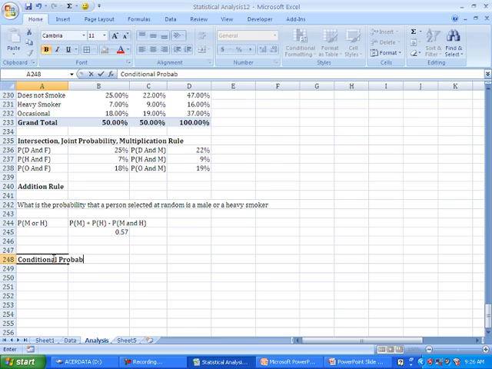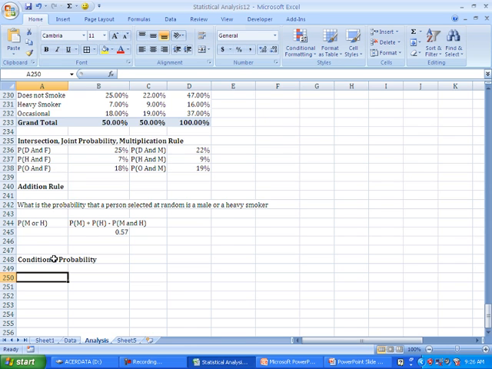Here the scenario is slightly simple. When we talk about two events, assuming that one of them has already occurred, I want to find out the probability of the second one.